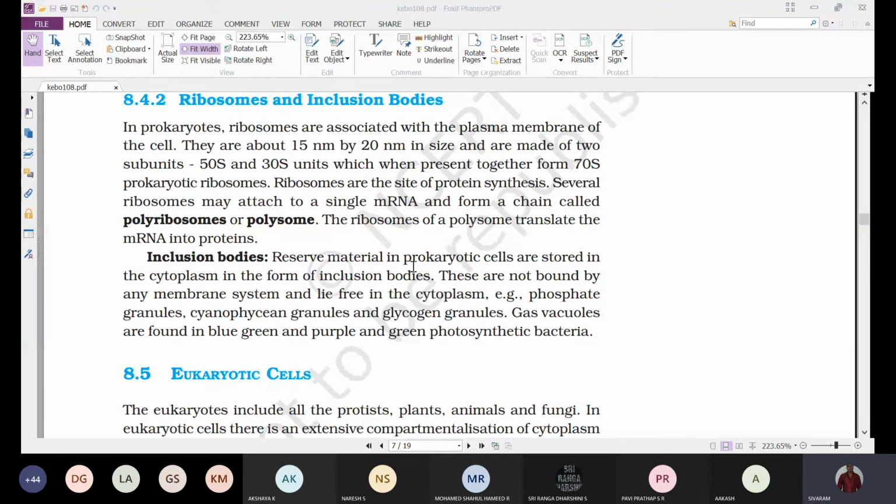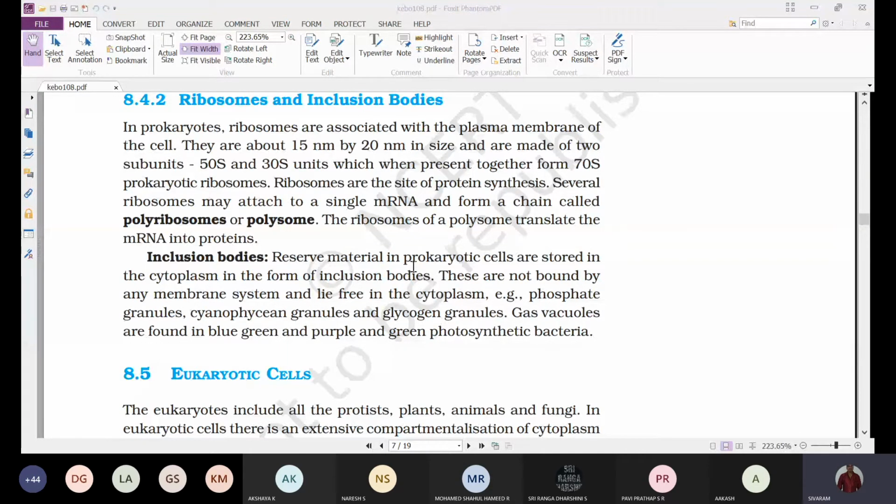Along with this reserve material, we'll find certain gas vacuoles. Different gases are released as a result of different metabolic activities. Those are enclosed in vacuoles, and they are called gas vacuoles.